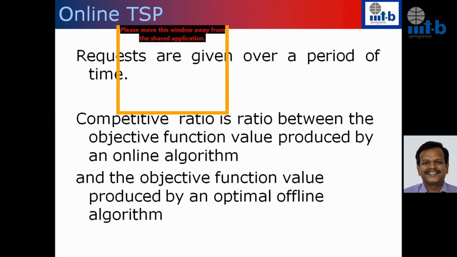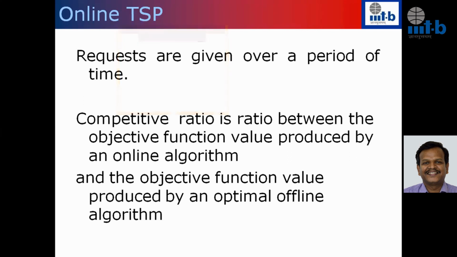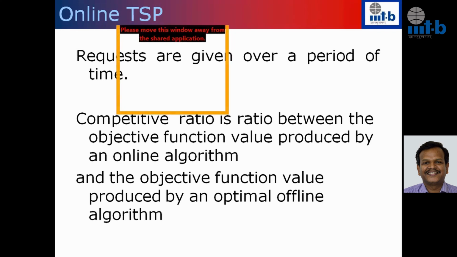You know how the online algorithm has performed. Whether it is good or bad is compared with an optimum offline. So at the end of the day, when all the requests have come, it becomes an optimum offline case. So you compute the optimum case and compare it with the performance of the online algorithm. So this is a metric that is used to classify or measure the performance of an online algorithm.